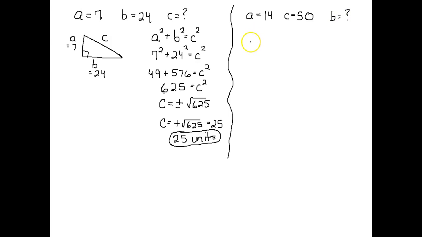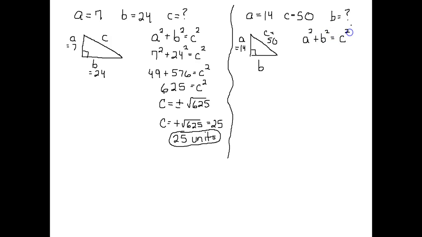Okay, so in this one, I'm going to sketch a triangle here. I don't know how this is going to work out exactly, but I've got side A is 14 units, side B is my mystery side, and side C, or the hypotenuse, is 50 units. Okay, so again, dealing with the right triangle, know two sides, trying to find the third.